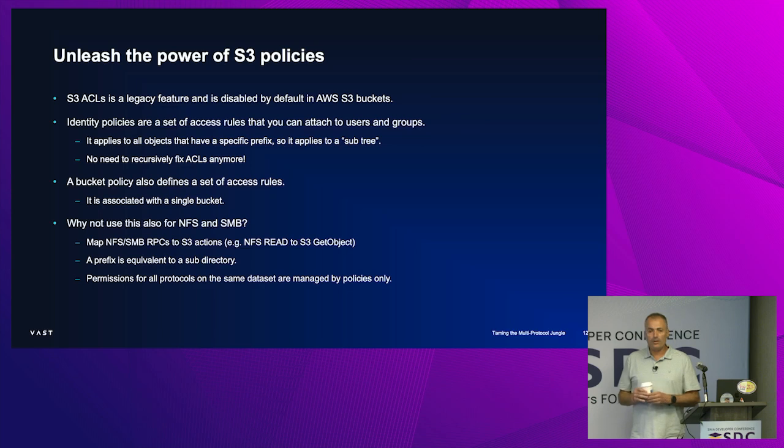So S3 policies is a more modern way to manage permissions. Instead of having an ACL, you have a JSON configuration with a set of rules, where each rule applies to a bucket or maybe a prefix under that bucket. It defines if it's an allow or deny statement, and you select which S3 actions you want to include in that statement, like put object, get object ACL, etc. And you can also have conditions like only if the source IP is this and that.